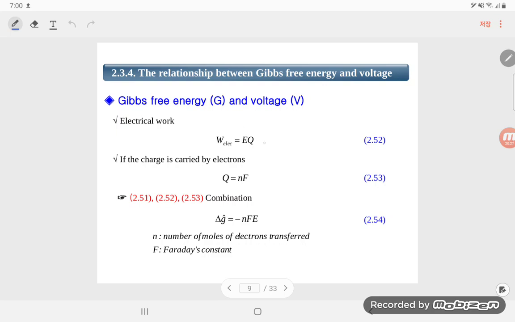It is volt times coulomb. This is electrical work. Okay, let's think about it. If we define the power, the electrical power, how can you define this? VI, right?